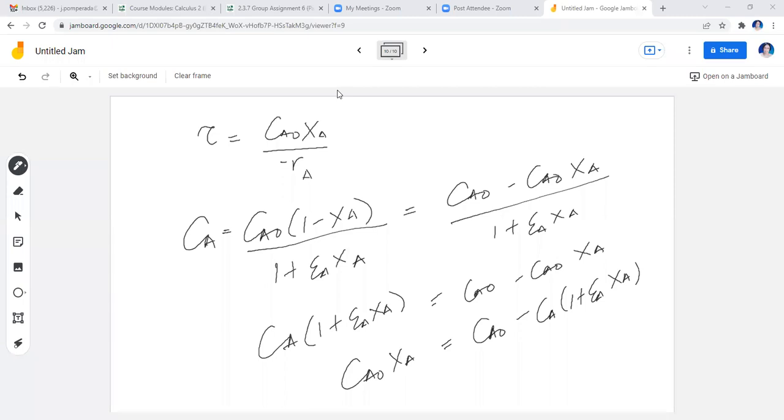So that is how important it is that if you read a problem in kinetics, you have to be very careful and observant of the words that are placed in the problem.